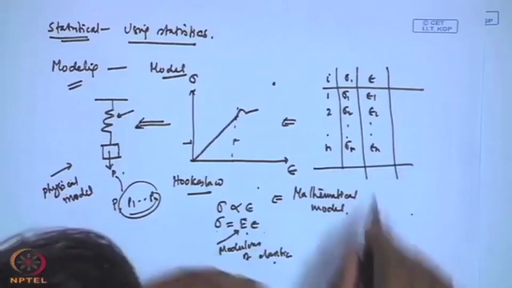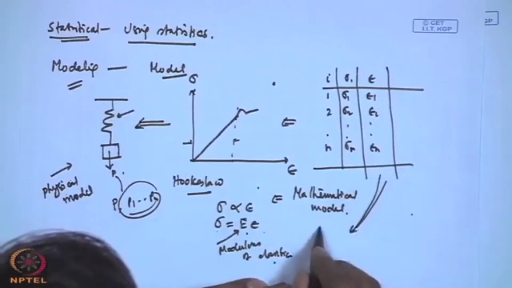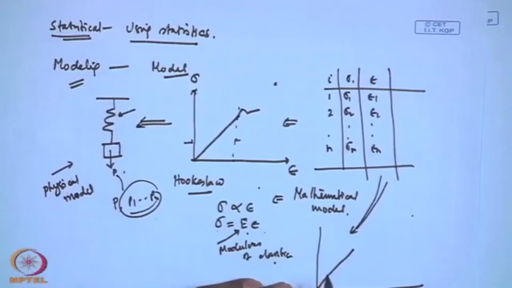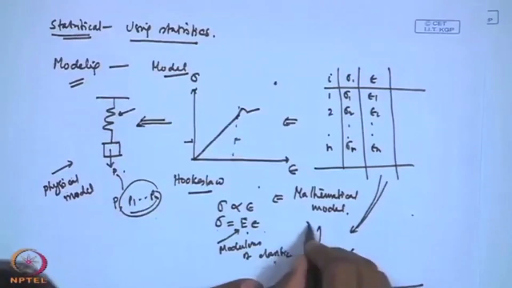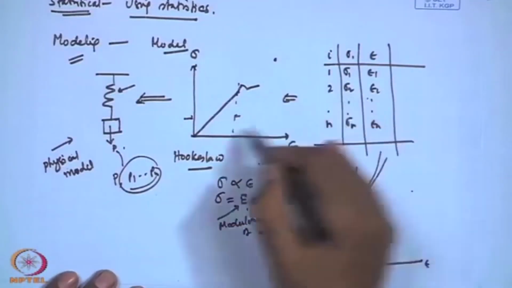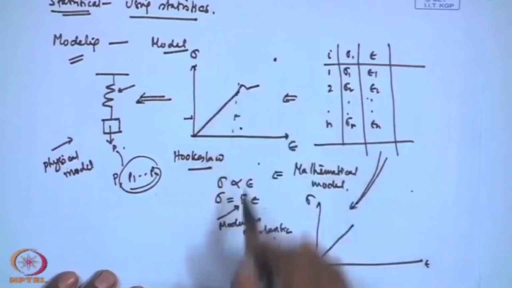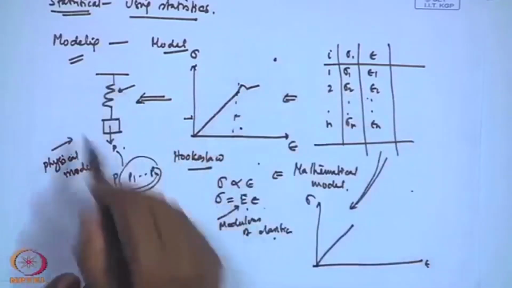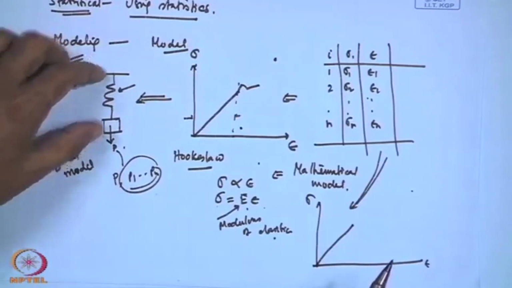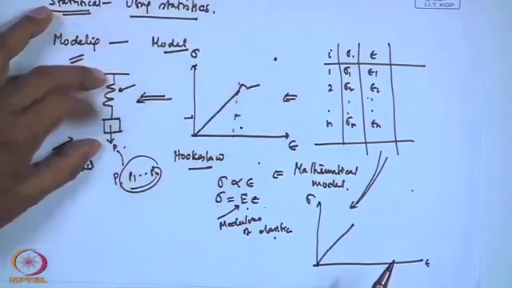Now if you plot this, what will happen? You may get a plot like this. Here it is sigma and epsilon. Essentially, what is the difference between this and this? Here, when you have shown me this spring balance, I immediately say that it is an elastic body.